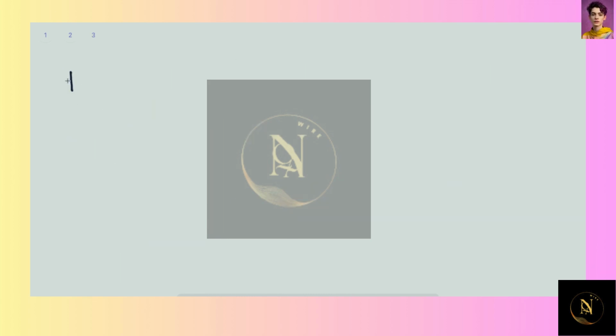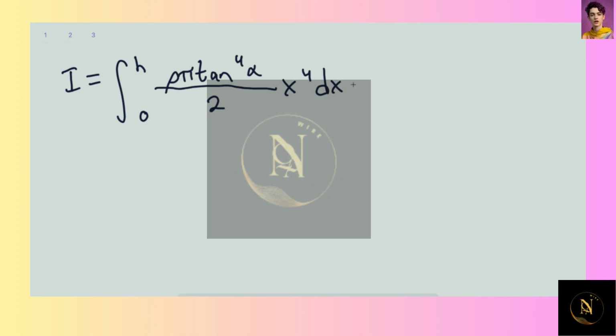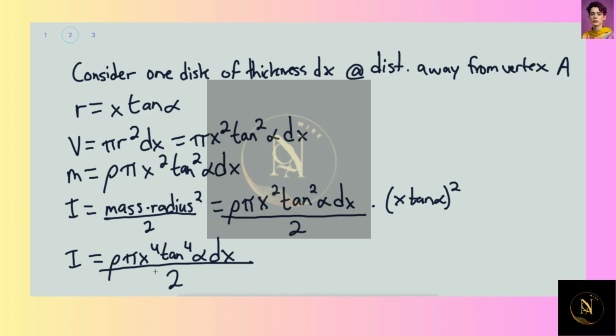So we can say that I is going to be equal to the integral from 0 to h of rho pi tan to the 4th alpha all over 2 times x to the 4th dx. Now this is only because we have dx here.